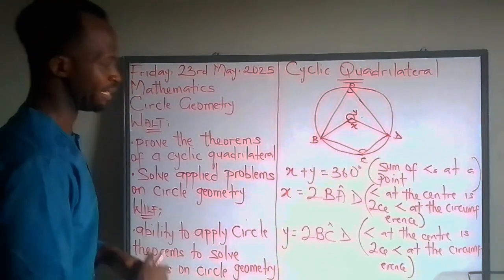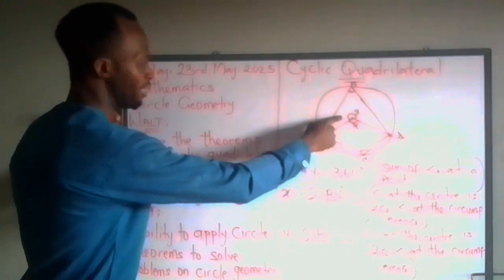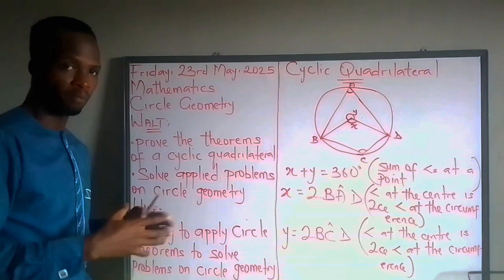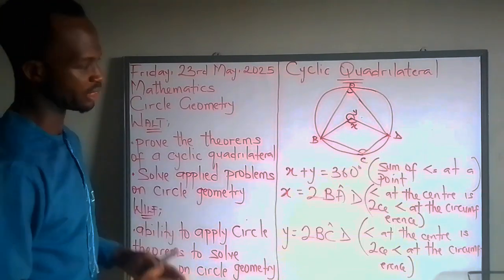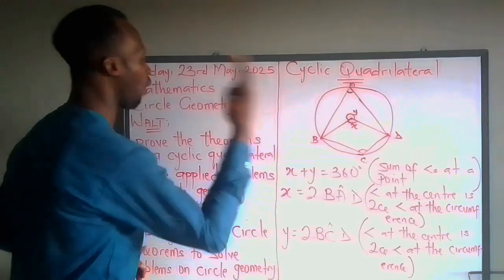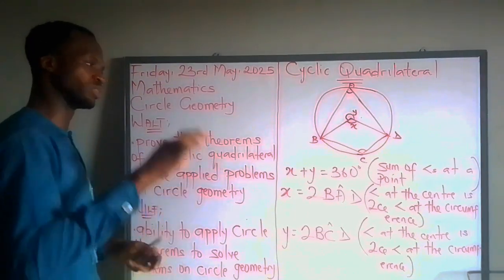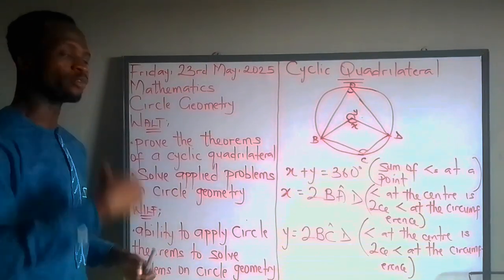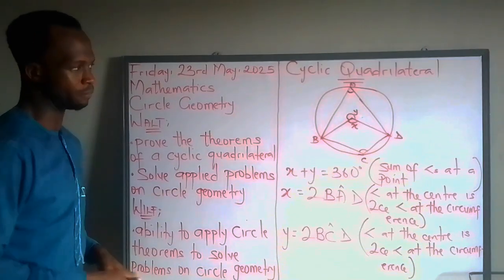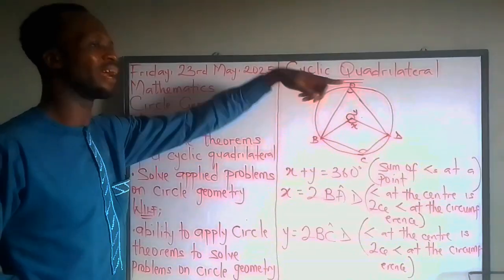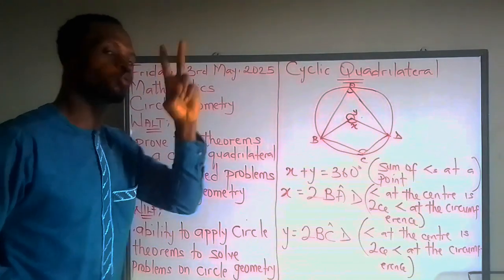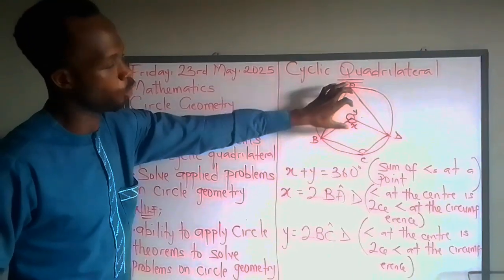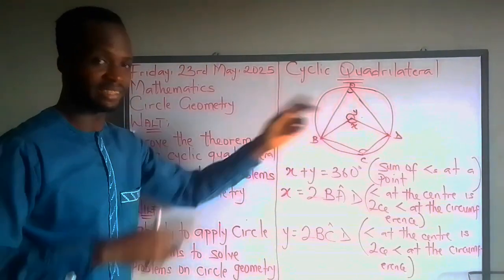I'll take that again. Now, if x plus y equals 360 degrees, and that's because the sum of angles at a point is equal to 360 degrees, the sum of the two angles at the center gives 360 degrees. And we know from the first theorem that the angle at the center is twice the angle at the circumference.